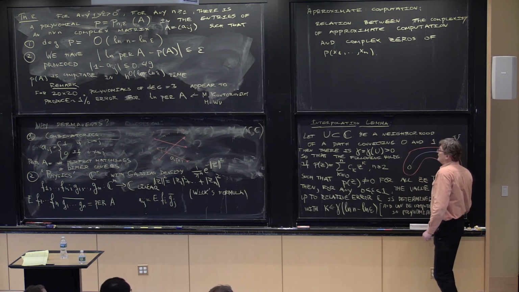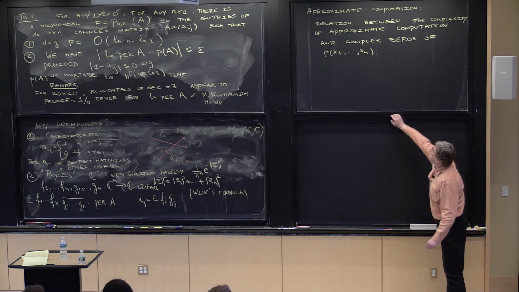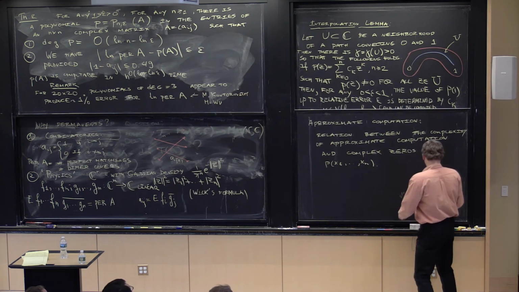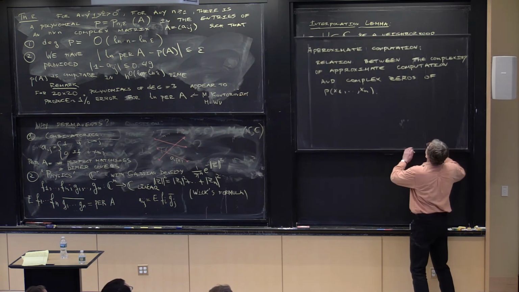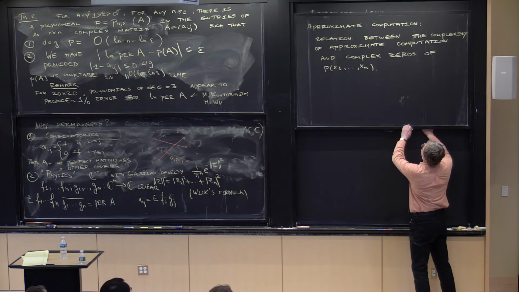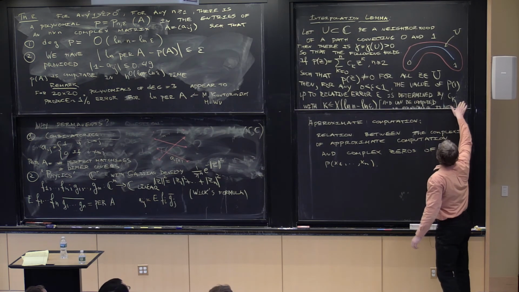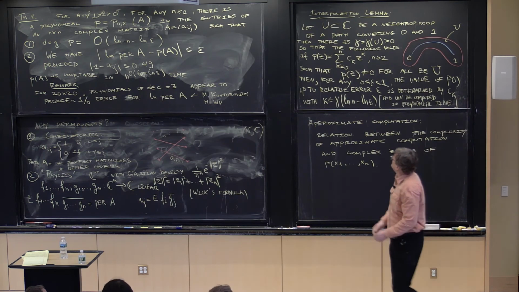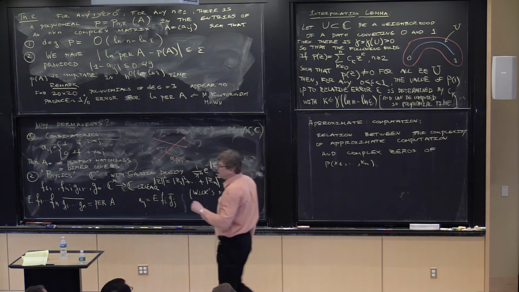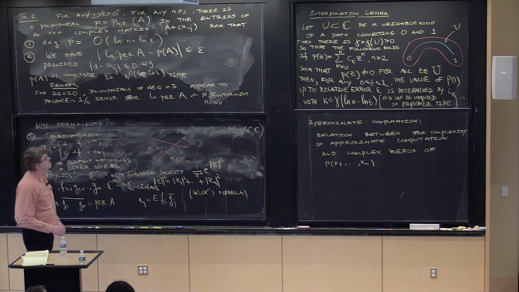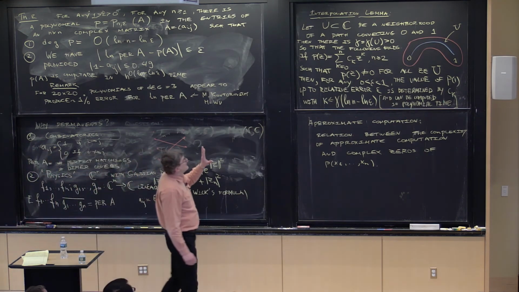Right. So what happens here? You fix a neighborhood. So you have some path from 0 to 1 in the complex plane. You fix a neighborhood.